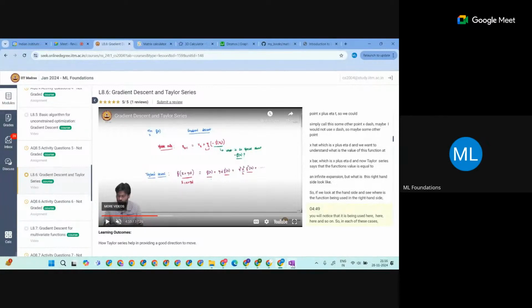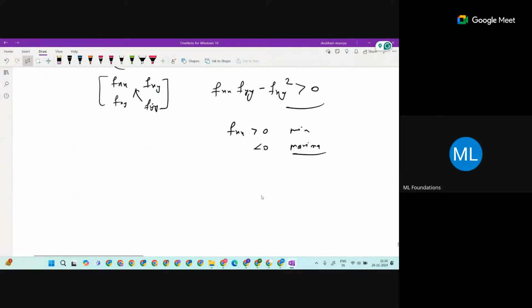For example, in a one variable case, let's say x to the power 10, or maybe a log function. Let f(x) be the log function. Find the Taylor series of this around x equal to 1.